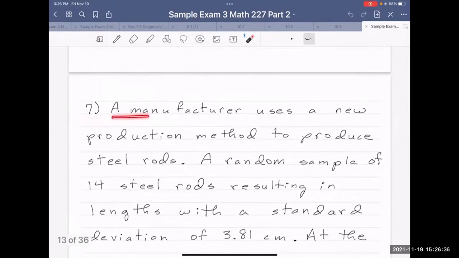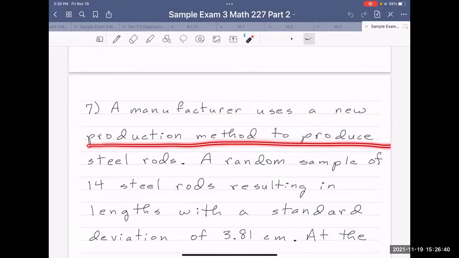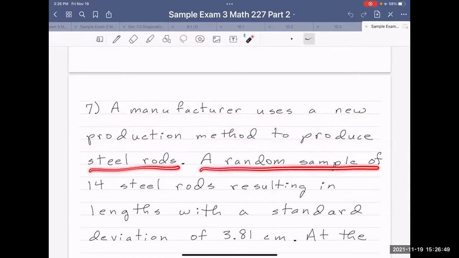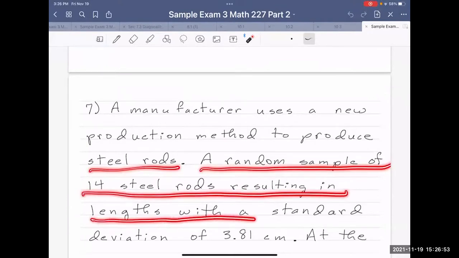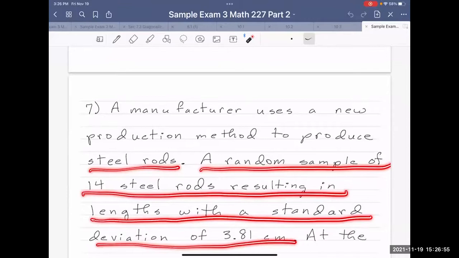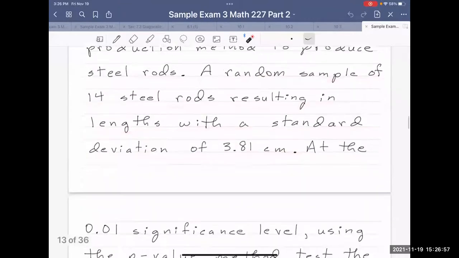7. A manufacturer uses a new production method to produce steel rods. A random sample of 14 steel rods resulted in lengths with a standard deviation of 3.81 centimeters.